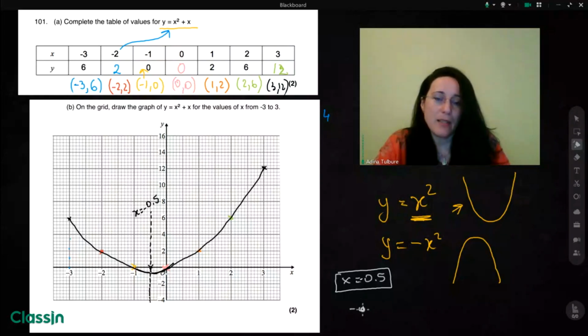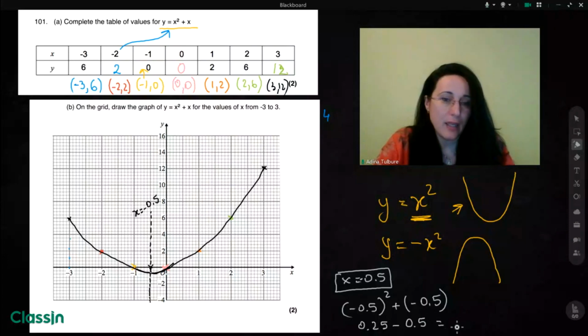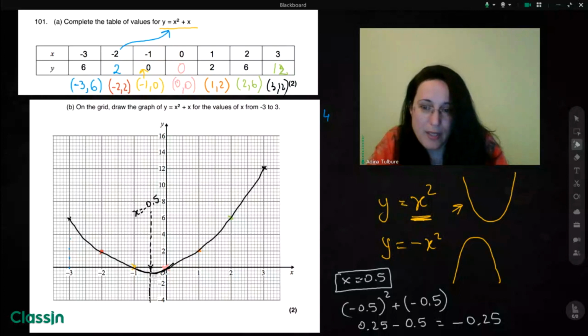So minus 0.5 squared plus minus 0.5. 0.5 squared would be 0.25 minus 0.5. And this will give us negative 0.25. Okay, so this is negative 0.25. It's very close to 0.